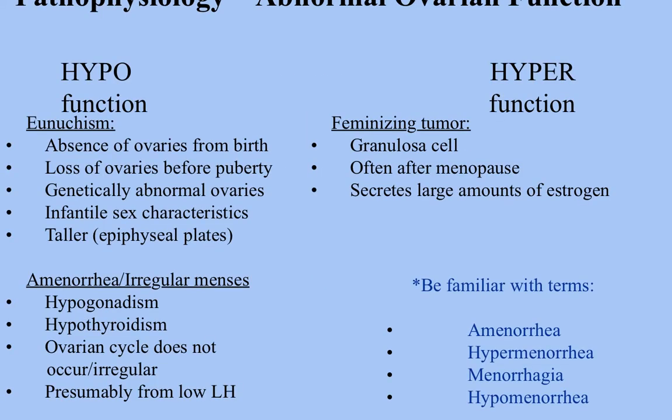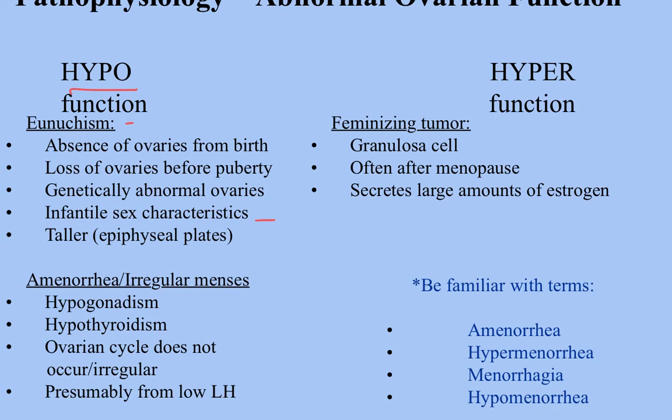All right, just like males with low testosterone function, if you have low ovarian function in females, hypo-ovarian function, that can lead to eunuchism, where you don't have ovaries at birth, and you basically have infantile sex characteristics. You don't look like a fully mature woman. Even though you might be as tall as a normal adult woman, you look more like a child.